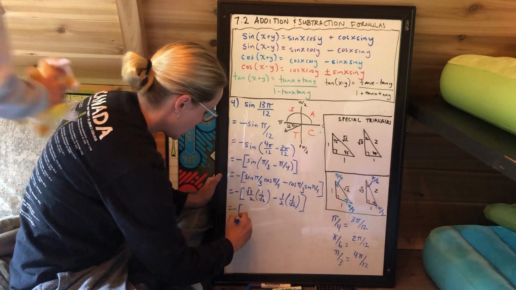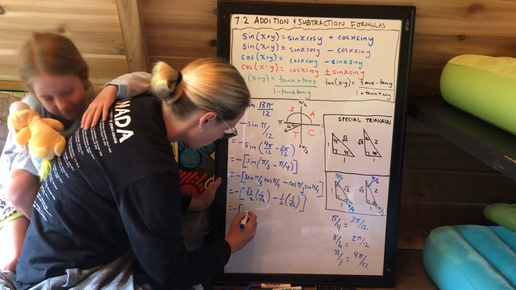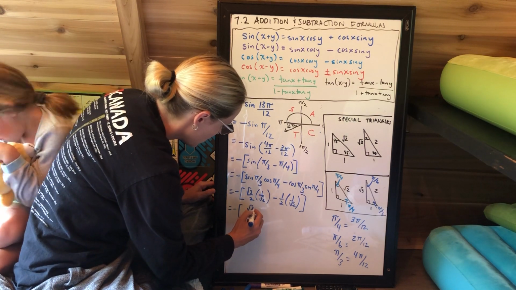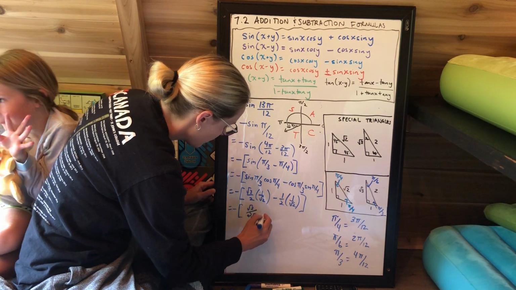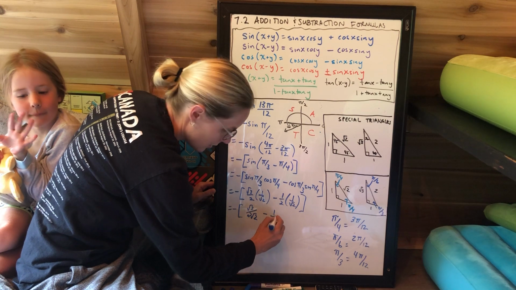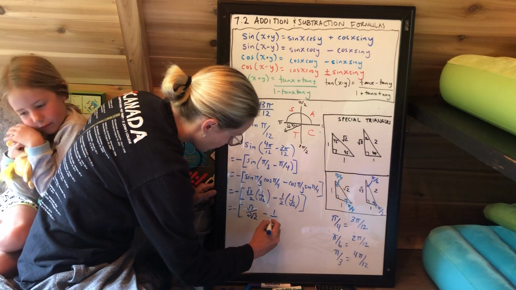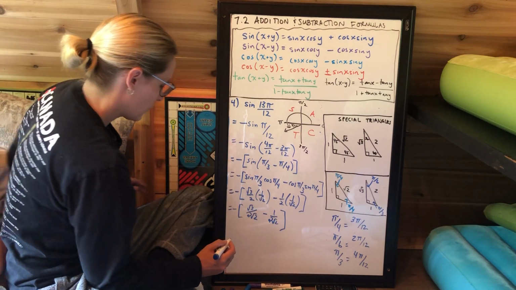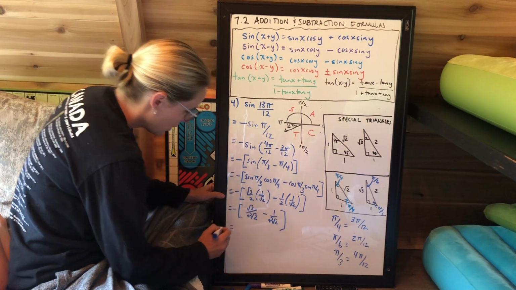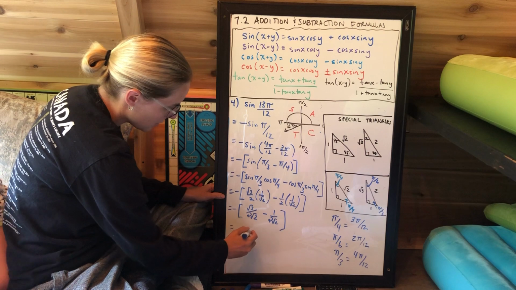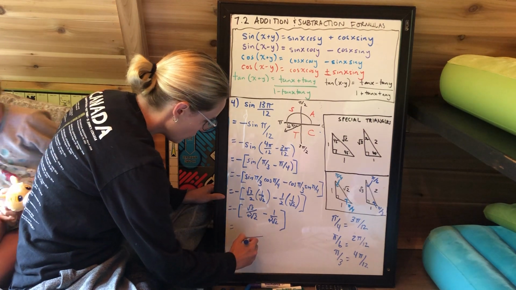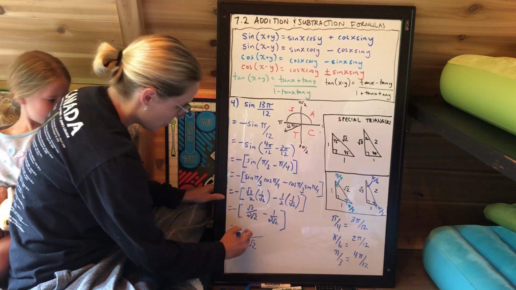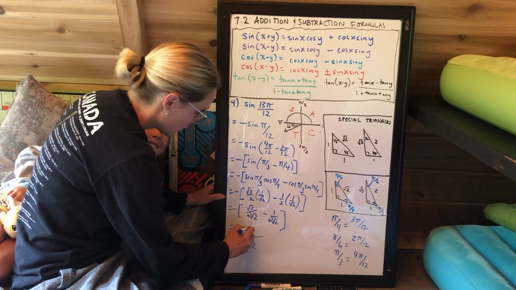So again, I'm going to leave the negative out front still. I get root 3 over 2 root 2, minus 1 over 2 root 2. Okay, and this obviously has a common denominator already of 2 root 2. And if I bring the negative in, negative times root 3 is negative root 3.